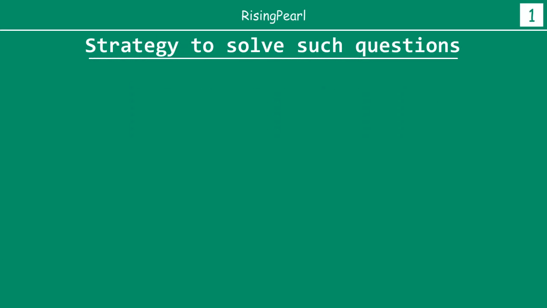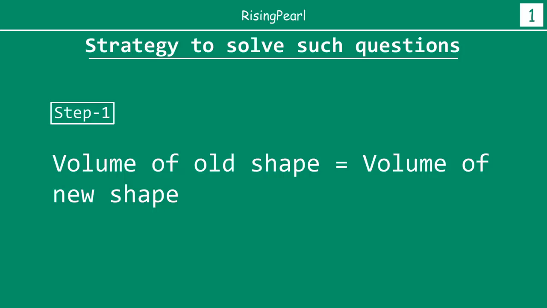Now, what is the strategy to solve these kinds of questions? That is, as an object is transformed from one shape to another, how do we solve these questions? In the last webisode, we looked at the most important thing that happens as you transform a shape: the volume of the old shape remains the same as the volume of the new shape. In the last webisode, we talked about why this is the case.